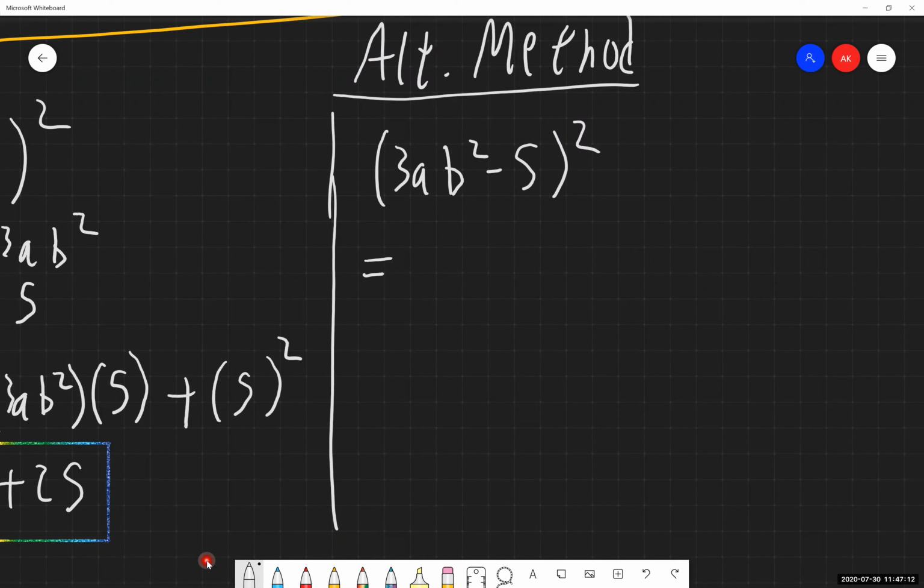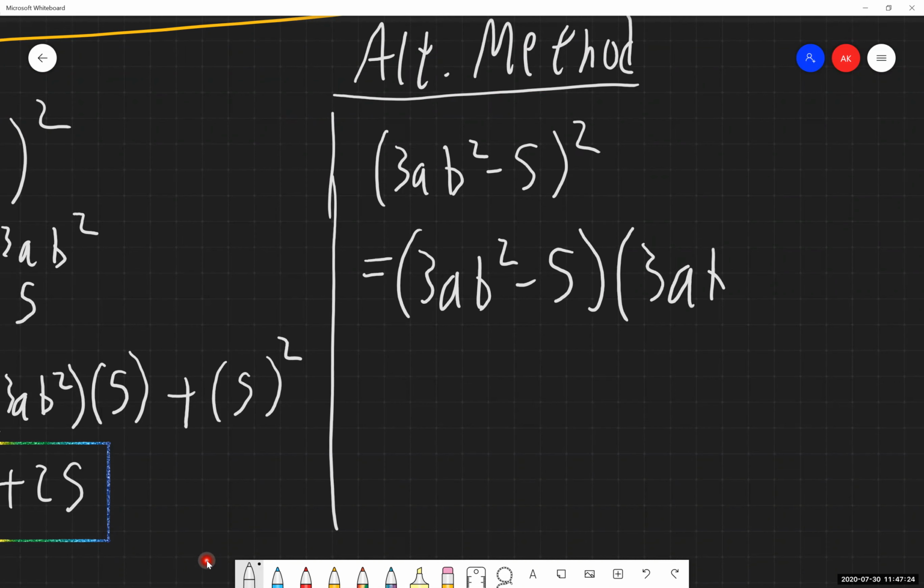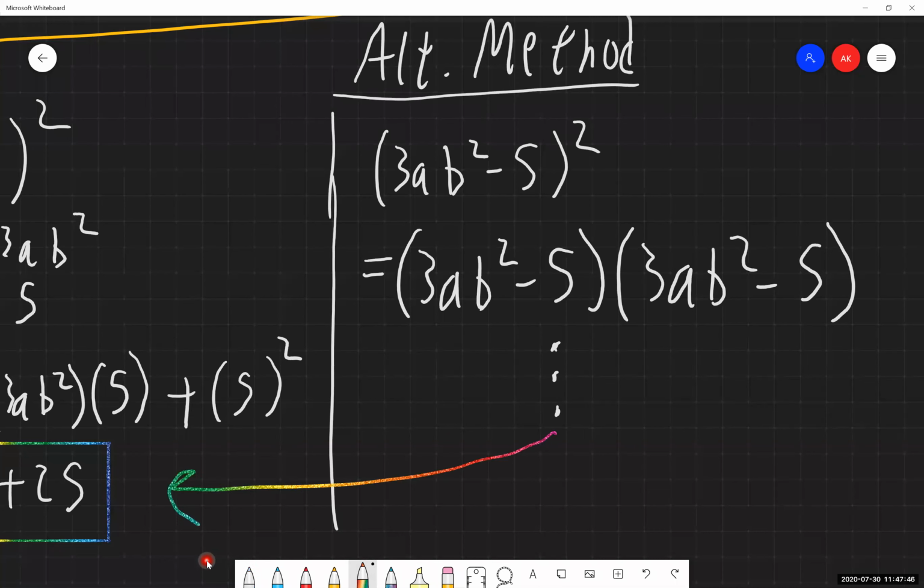And I'm going to instead expand this out as two binomials multiplying together. So write it out as 3ab squared minus 5 times 3ab squared minus 5. So now it's a 6.3 problem, my mistake there. And we can use the distributive property, and we will find that as we go through, we'll get to our same final answer.